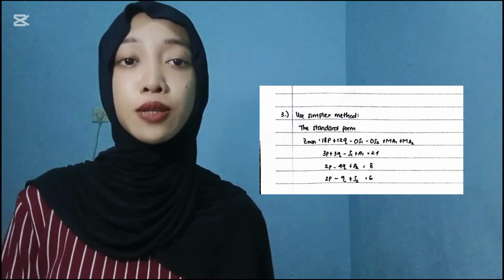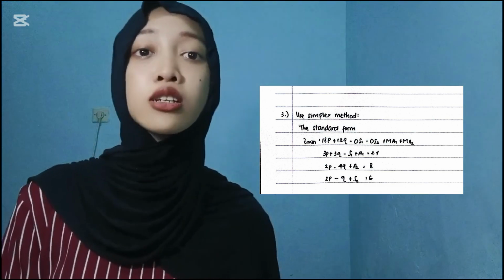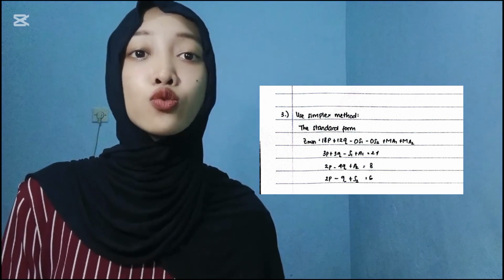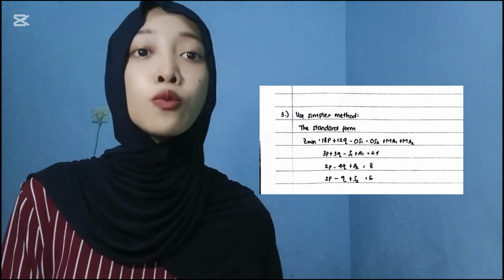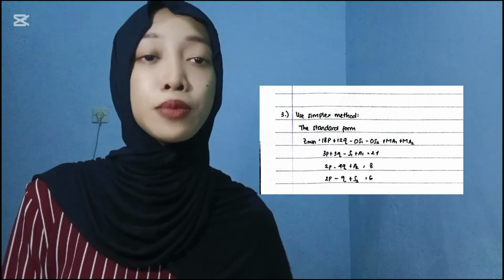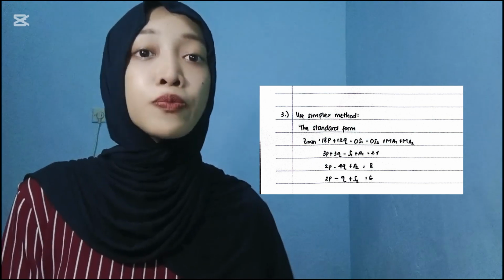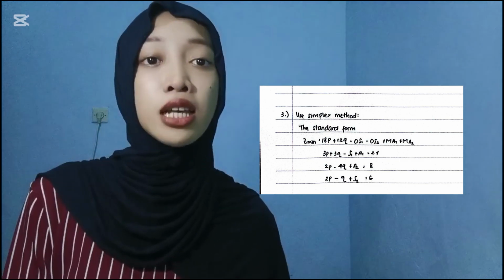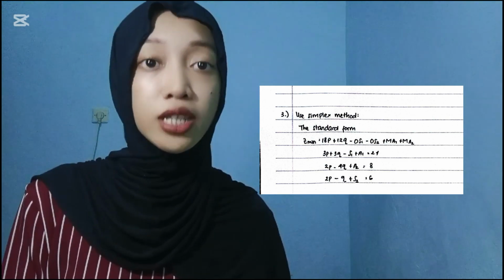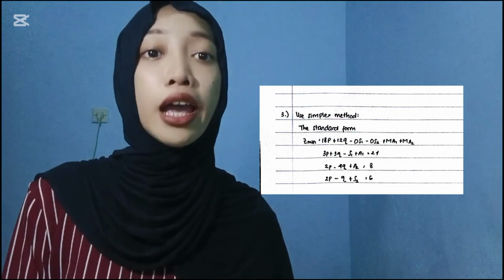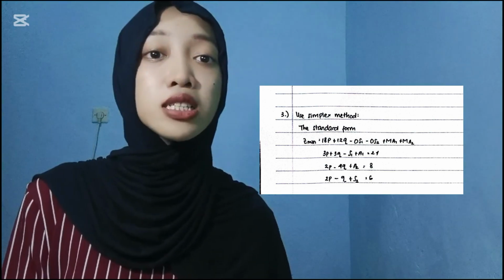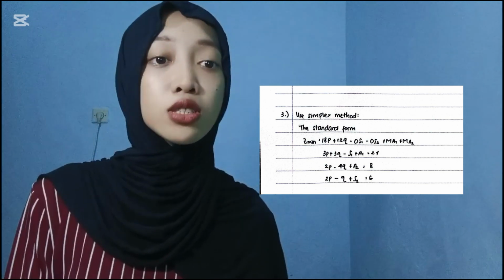So using the simplex method, we should convert to standard form with objective function z min is equal to 18p plus 12q minus 0s1 minus 0s2 plus Ma1 plus Ma2 with constraint 3p plus 3q minus s1 plus a1 is equal to 24 and the next constraint 2p minus 4q plus a2 is equal to 8 and the last constraint 2p minus q plus s2 is equal to 6.